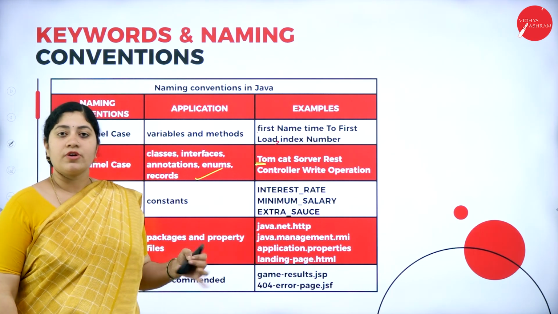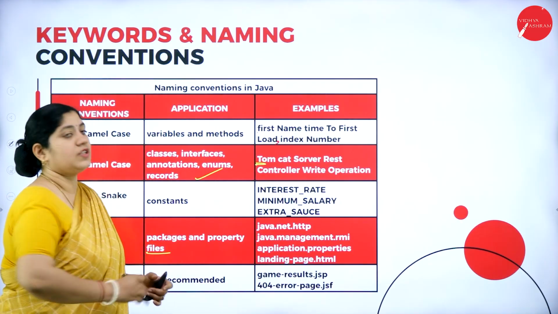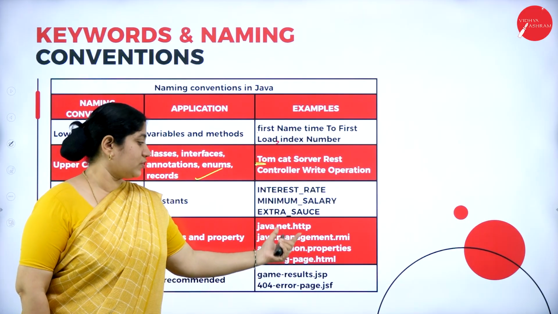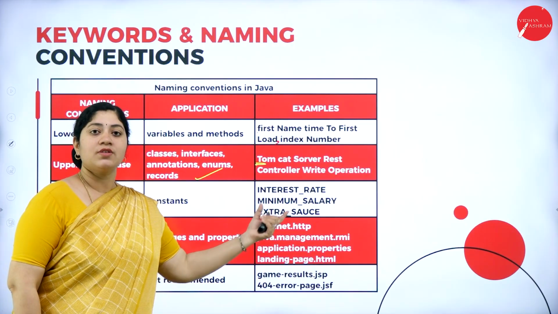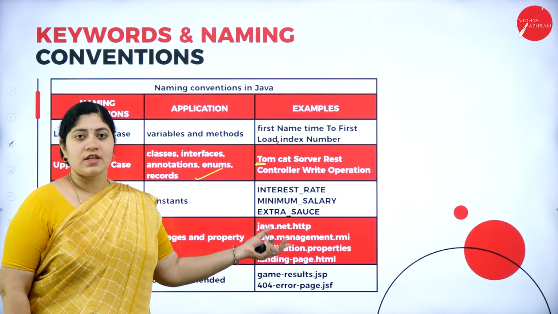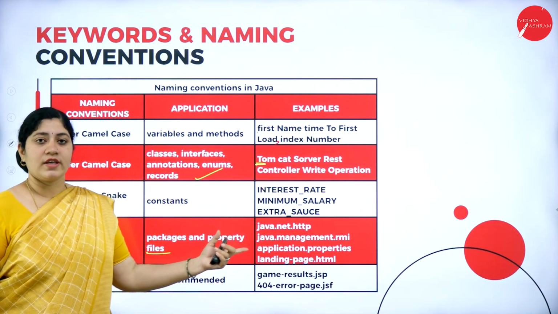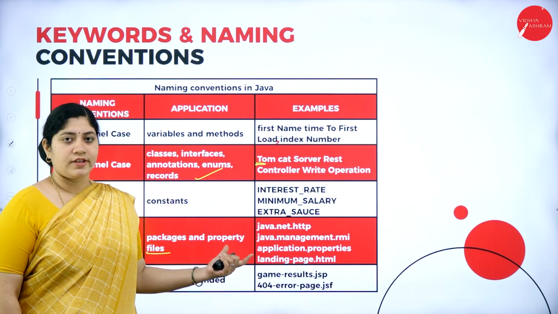This lower dot case is used for packages as well as property files. For example, java.net.http, followed by java.management.rmi. So in this way, if we want to write anything with respect to dot case, we can utilize it, but specifically to represent various packages.